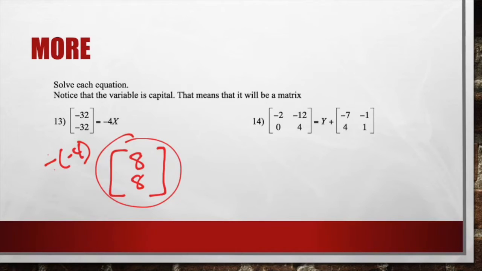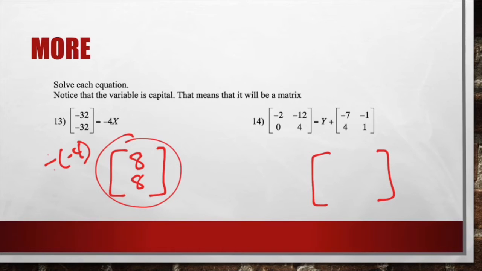Let's do the next one. We're asking here, some matrix added to the negative 7, negative 1, 4, 1 will equal this one. What is that matrix? If you remember, they had to be equal in dimension. This is a 2 by 2, and we got a 2 by 2. So this Y was going to have to be a 2 by 2. So I'm going to draw a place for my 2 by 2.